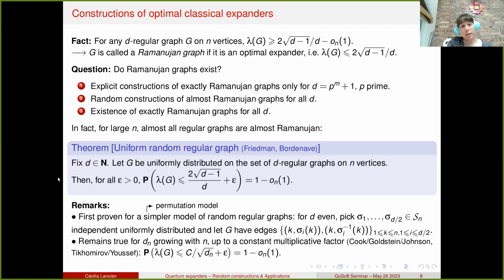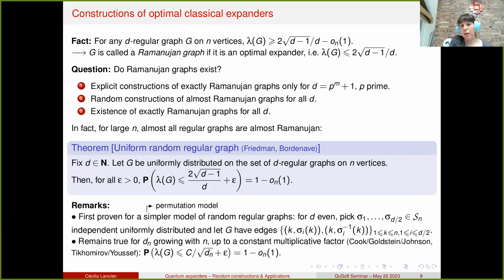The second one is that the initial result was proven where we fix the degree d and make the size of the graph grow to infinity. There has been a series of works trying to improve this to allow d and n to both grow, at whatever respective speed.